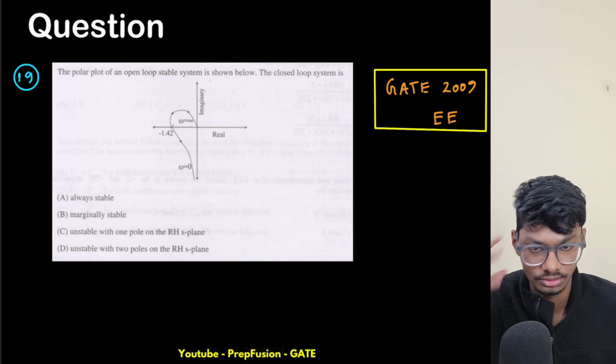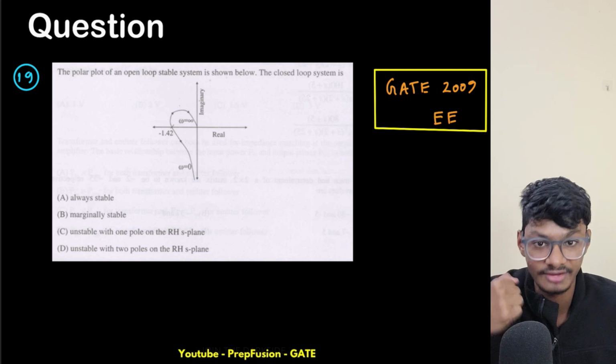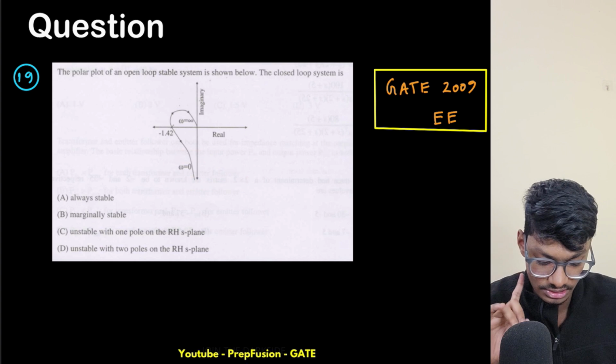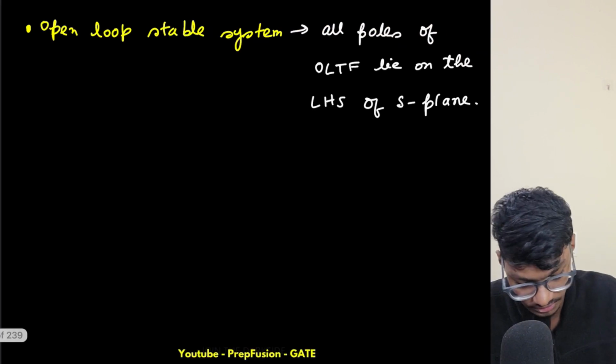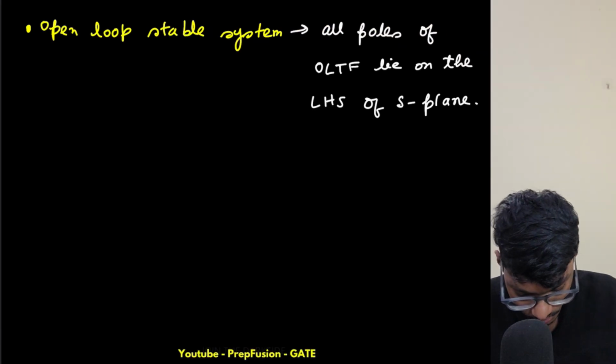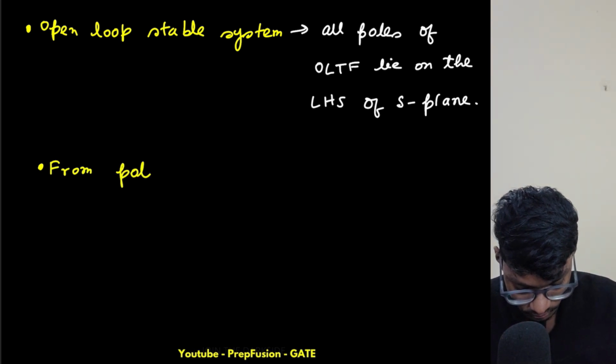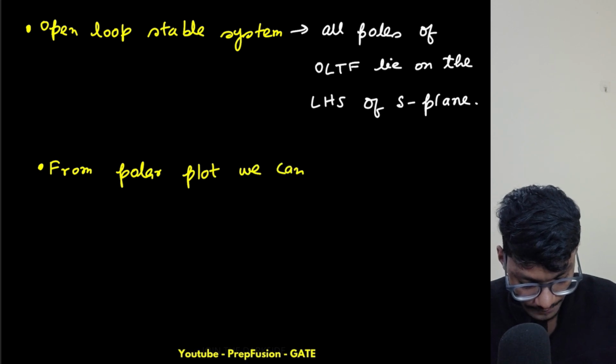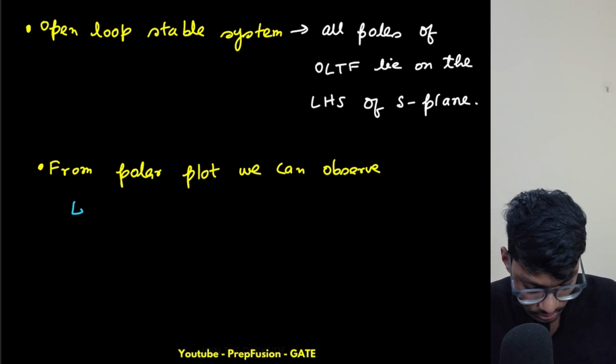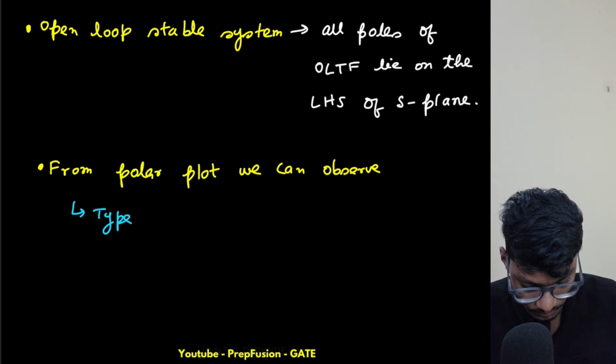I have explained all this very slowly in the polar plot video and in the Nyquist video also. So from the polar plot we can observe that this is a type 1 system.